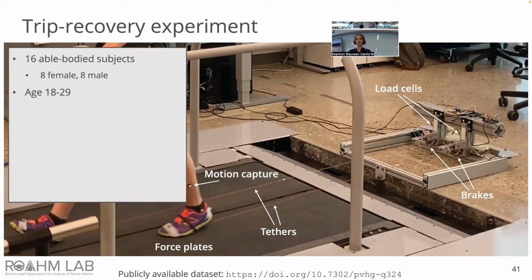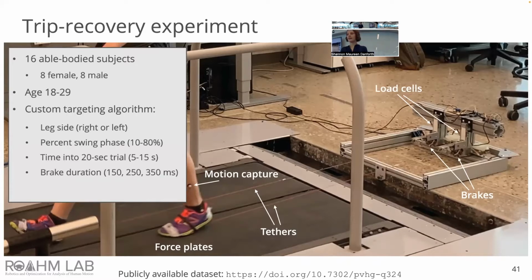So in this experiment, we collected data from 16 able-bodied subjects. And we wrote a custom targeting algorithm to randomize these trips between leg side, percent swing phase, time into each 20-second trial, and the duration of the brake applied to the tether. And in this work, I'll report results for 957 trips total across all 16 subjects.